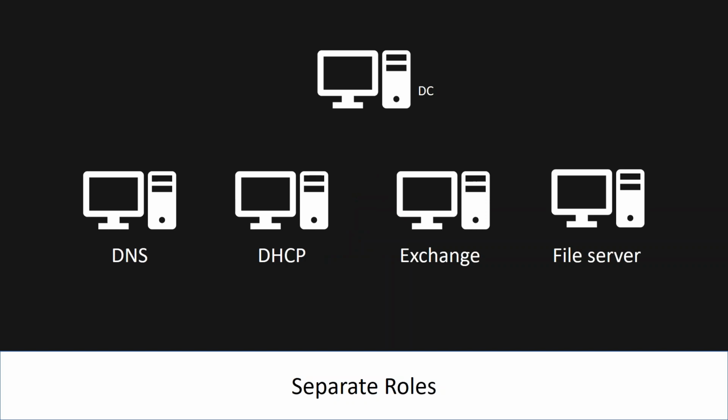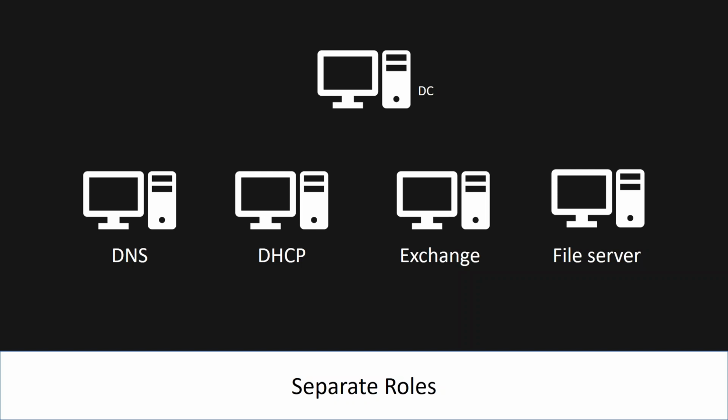Now, of course, in the past, this used to be much more difficult and more expensive to do because we'd need a separate physical box for every role if we wanted separation of administration. So if I want to give rights to my DC separately from DHCP, well, then I need to put them on 2 separate physical boxes. But with the advent of virtualization, of course, we don't necessarily need to do that, although we do need to worry about maybe Windows Server licensing costs.